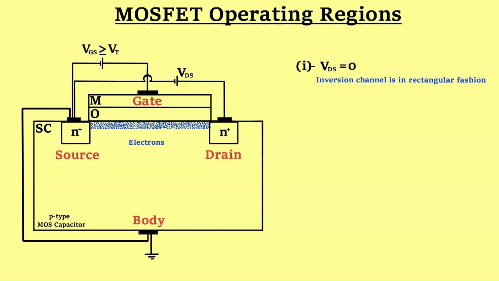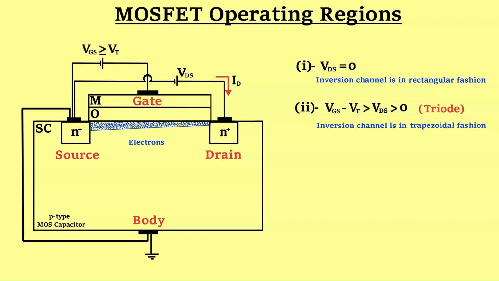But as we increase the drain to source voltage, the distribution pattern for the inversion layer changes and begins to look like a trapezium. This happens because the positive voltage on the drain attracts more of the electrons present in the inversion layer adjacent to the drain terminal.